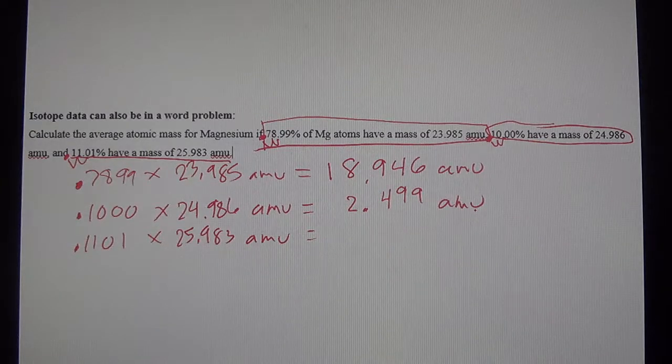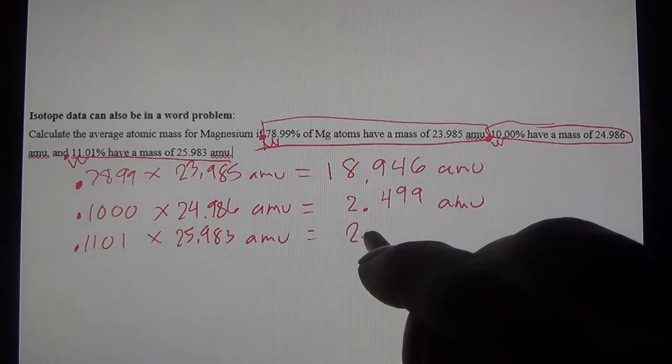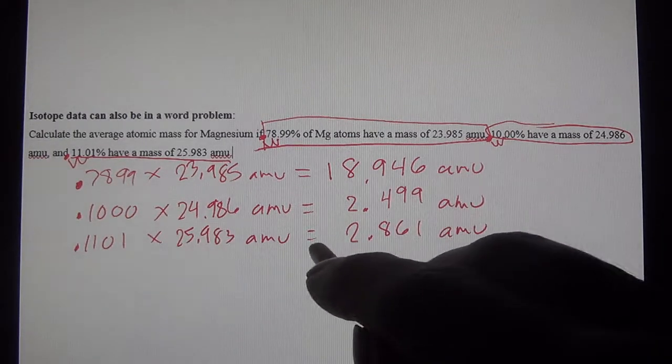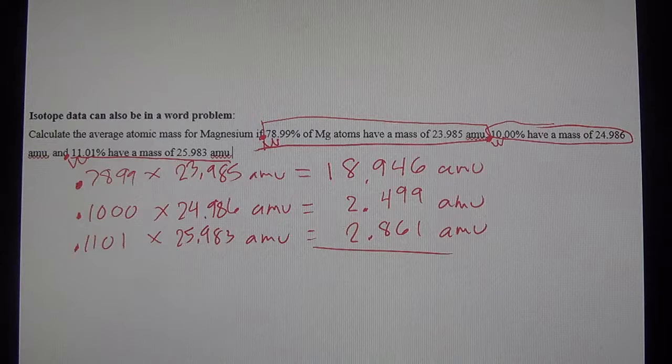And 0.1101 times 25.983: 2.861 AMUs. I'm going to add that all up.